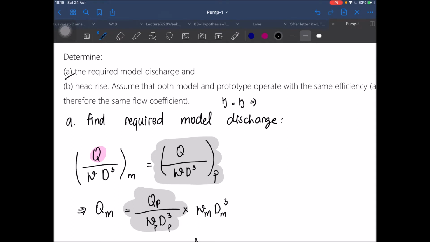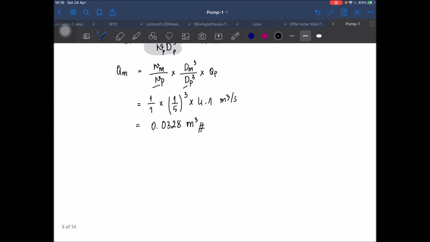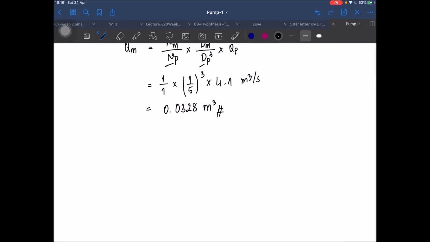So then we can use another formula that we have never encountered before as well. So now we can write B, find the head rise.